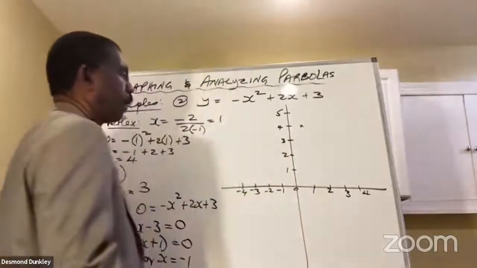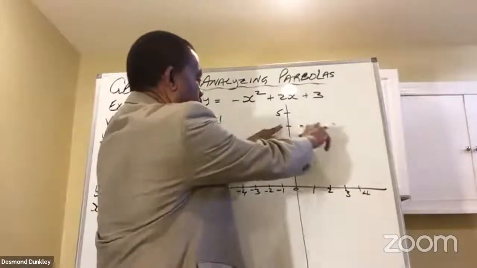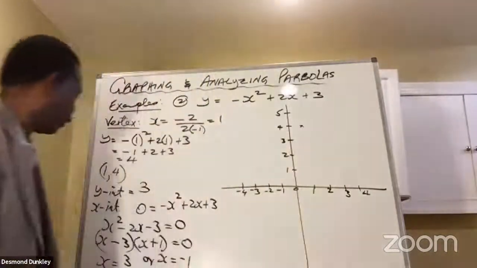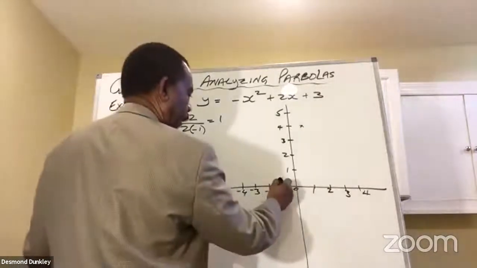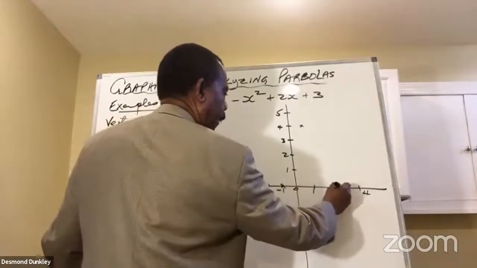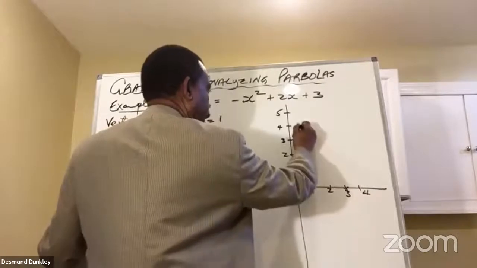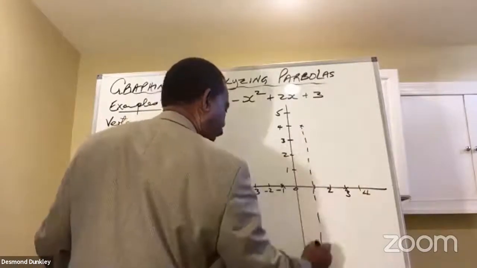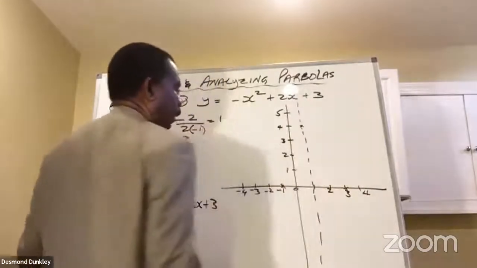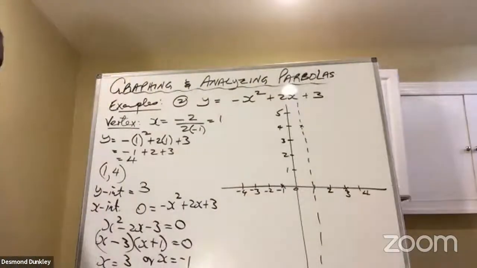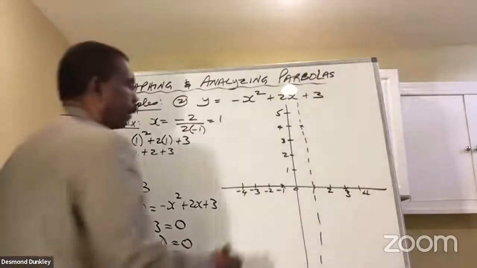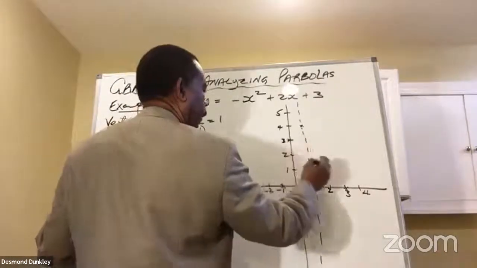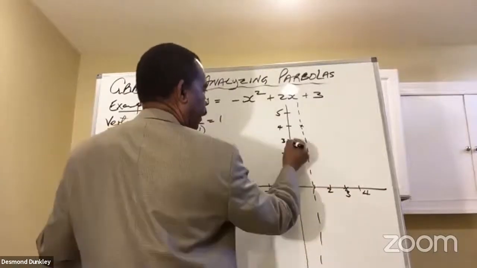That's our V. So the graph is going to open downwards. Okay, our intercepts are 3 and negative 1. Negative 1, positive 3. If you notice, this is our mirror line. Okay, that's central. And then our y-intercept is positive 3. So positive 3 is here. And then, of course, this is 1 to the left.